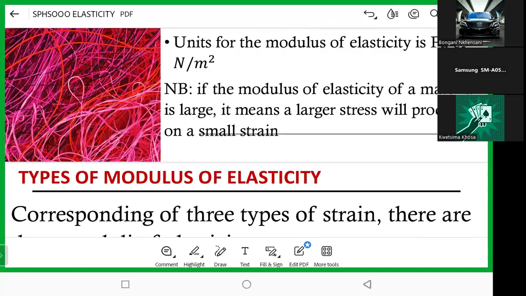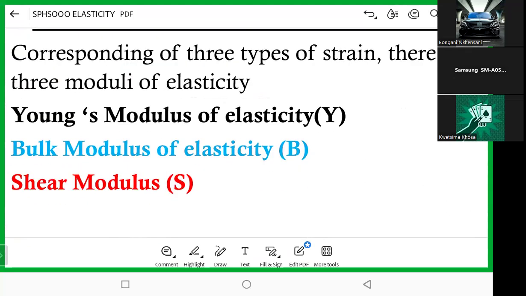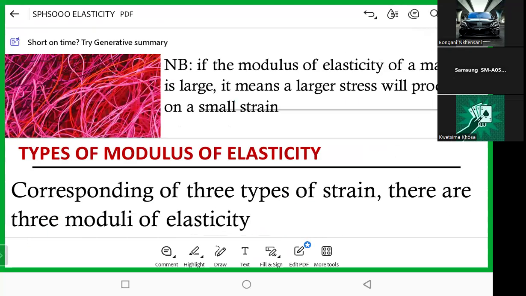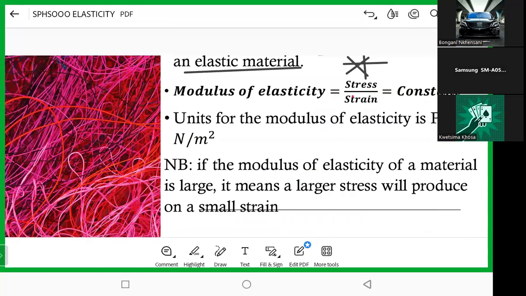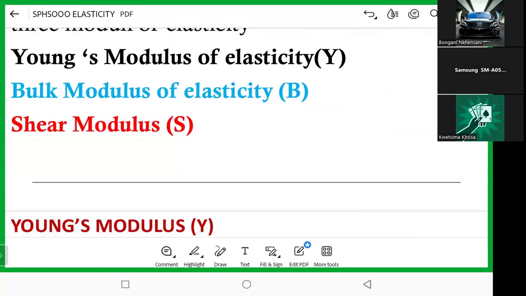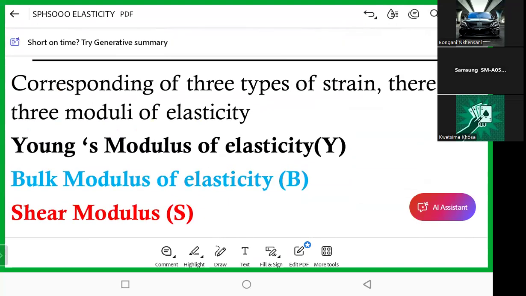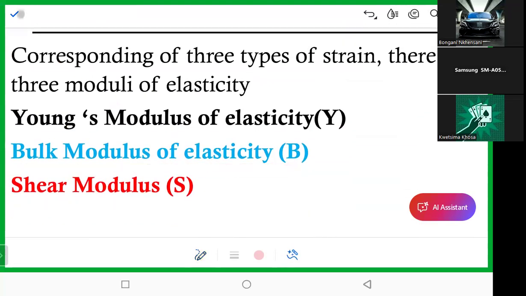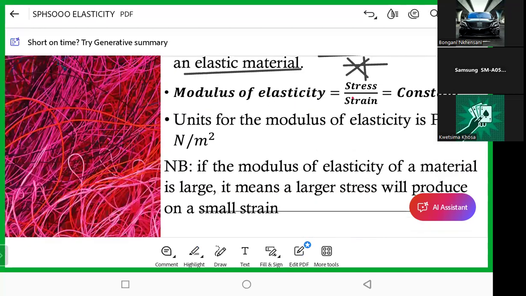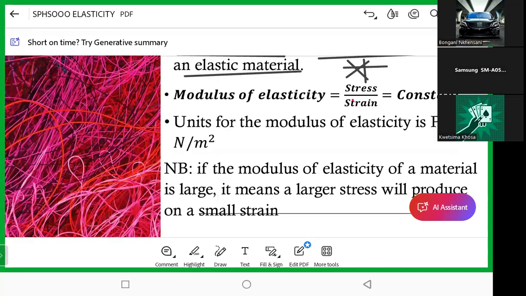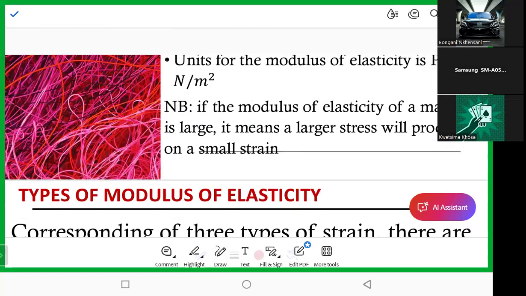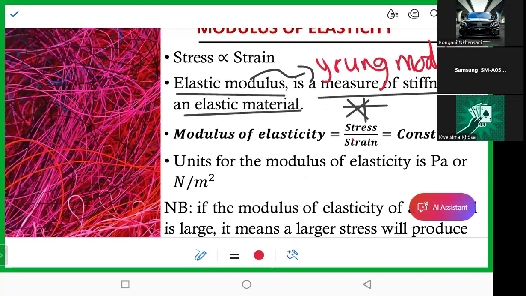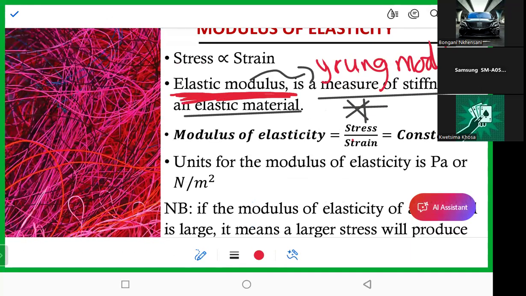You already know the formula for stress and the formula for strain. These are the types of modulus: Young modulus of elasticity, bulk modulus of elasticity, and shear modulus. I said the modulus of elasticity is the same as Young modulus. No, it's not the same. This one is just a concept introducing us to elastic modulus.